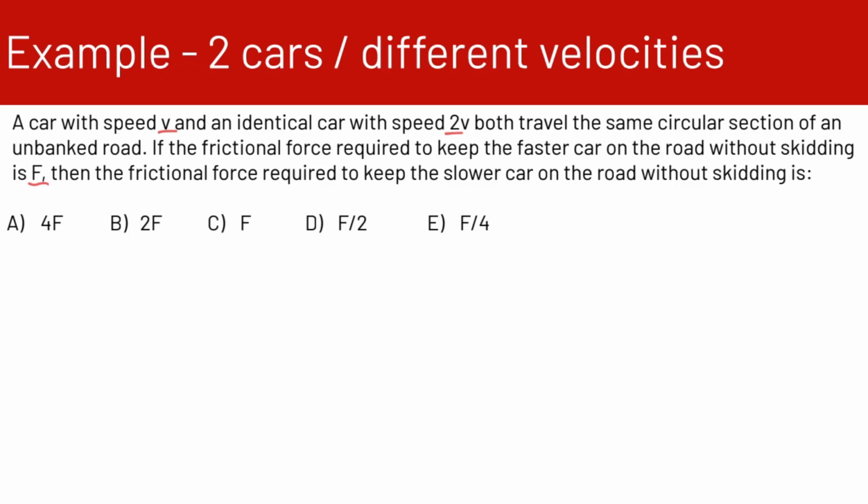Okay, so we're undergoing circular motion here. The car is traveling in this direction. We've got two identical cars, one traveling at v and one traveling at 2v. Now remember that the thing that keeps a car traveling in a circle is the frictional force of the tires on the road.